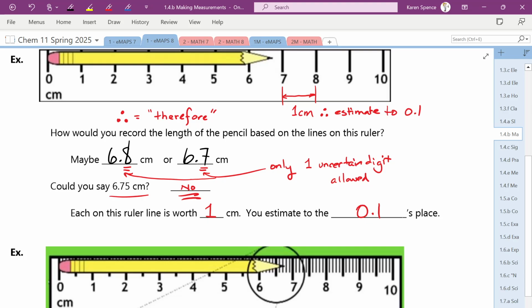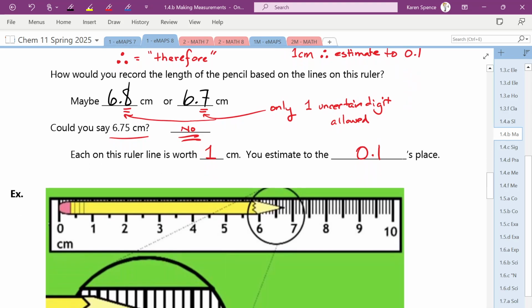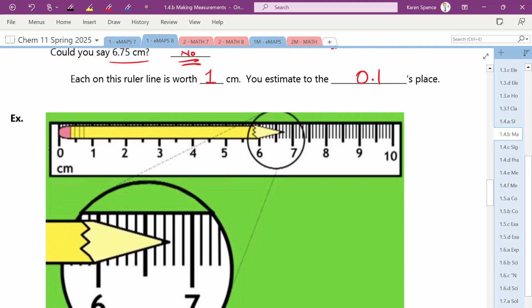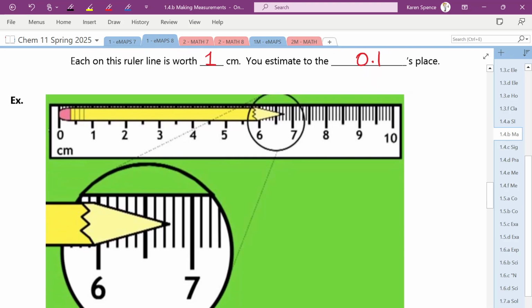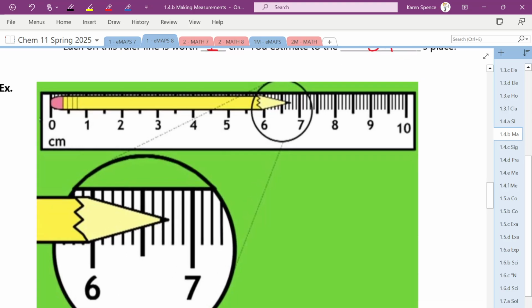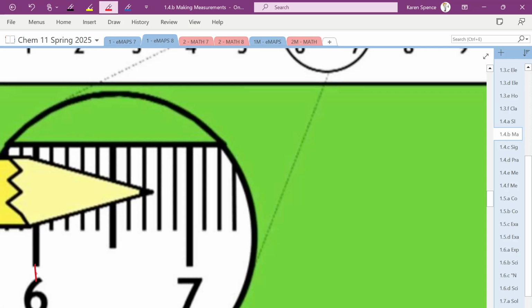Now we have another ruler. This one's, we're getting better and better. We've got this ruler and we've even blown it up big for you to see. So we are now at, let's see, this is 6, this is 7. So this one must be 6.5.